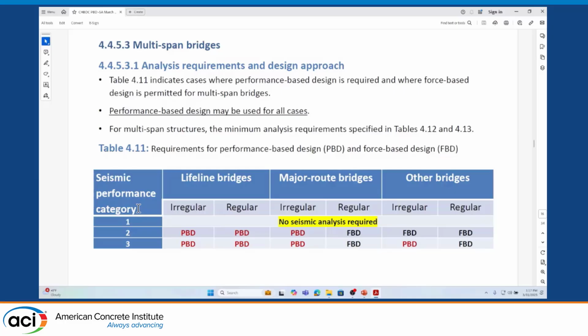When you have lifeline bridges, irrespective of whether it's an irregular or regular bridge, you have to do performance-based design. For major route bridges, for irregular bridges, for seismic performance category 2 and 3, you have to do performance-based design. For regular, force-based design is allowed. Only for irregular other bridges, you have to do performance-based design.